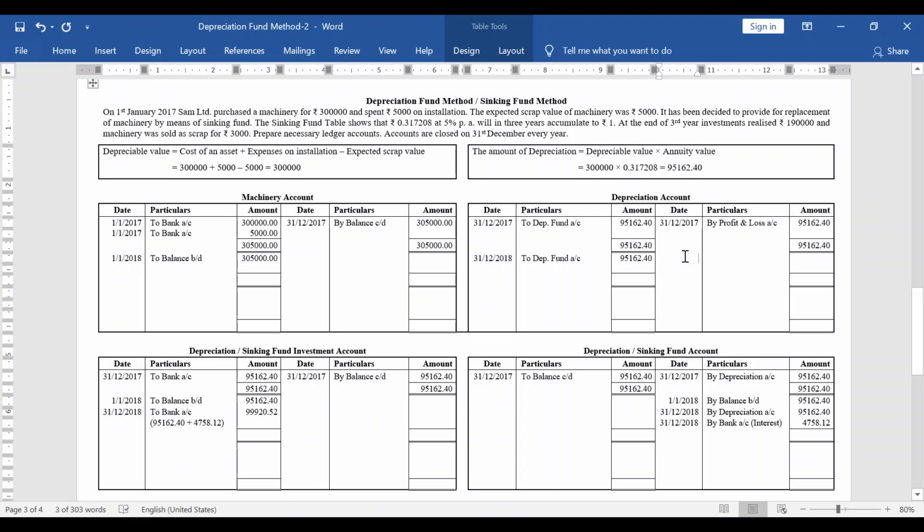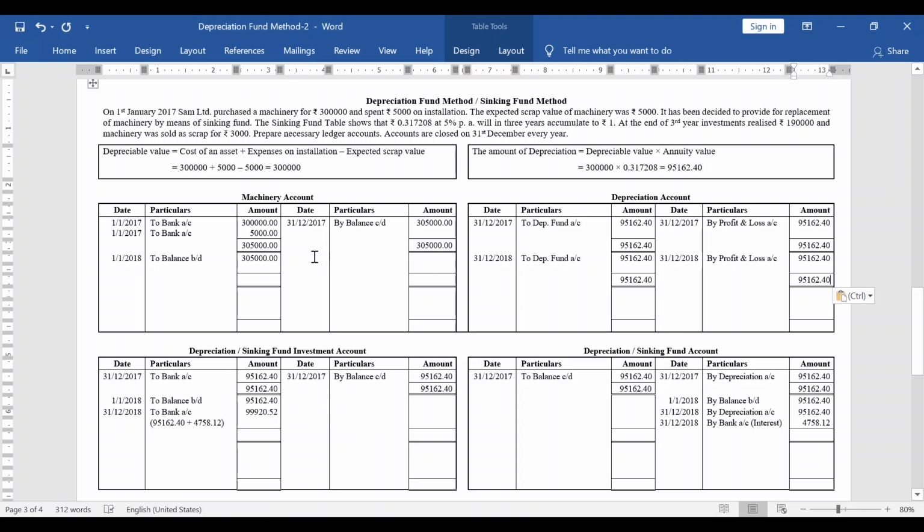The next entry is passed on 31st of December 2018, and that is to transfer the depreciation to profit and loss account, and the entry for the same is profit and loss account debit to depreciation account, and with that actually depreciation account is closed for the year ending 31st December 2018.